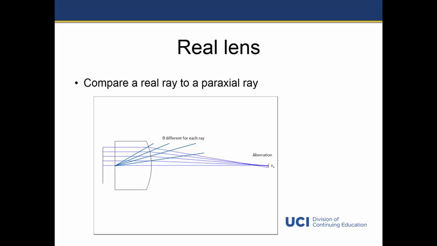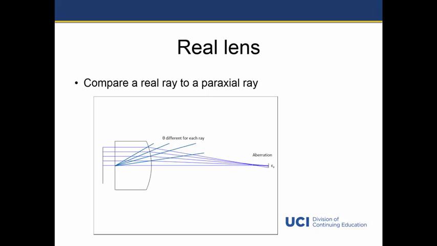Now, if we want to compare that to a real ray, in this particular case I've got a relatively thick lens simply to make it a little easier to see what I'm talking about, but we have collimated light coming in. Because this is a planar surface, all of the refraction is occurring at this back interface, and you can see that the rays are bent as they hit this interface.